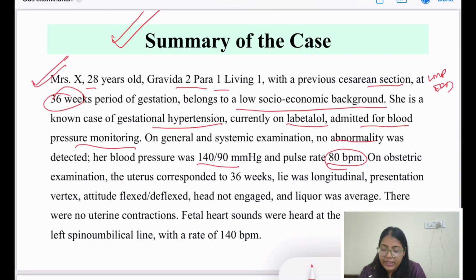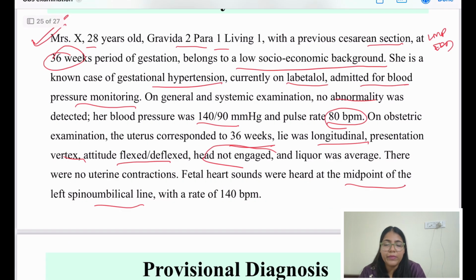On obstetric examination, the uterus corresponds to 36 week size, fundal height corresponds to 36 week size, lie is longitudinal, presentation is vertex, attitude is flexed or deflexed, head is engaged or not, and the liquor was average. There was no uterine contraction. Fetal heart sound was heard at the left spino-umbilical line with a rate of 140 beats per minute.